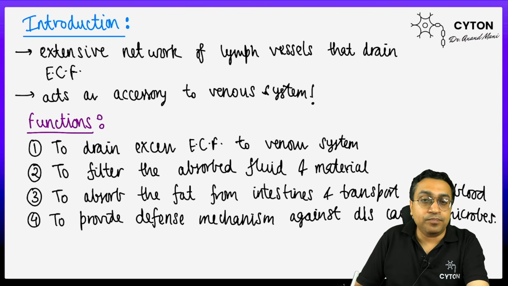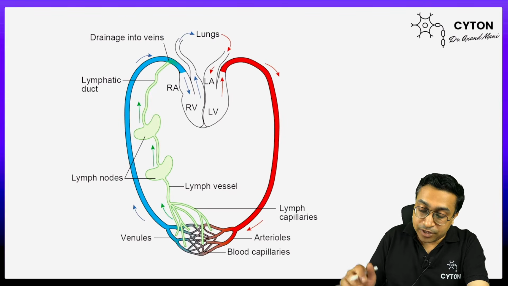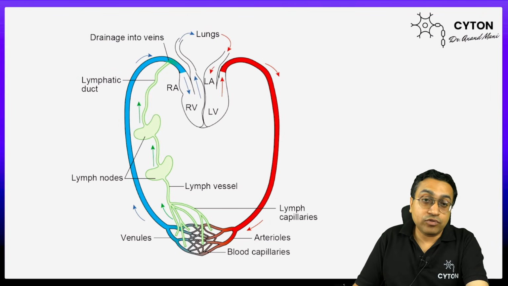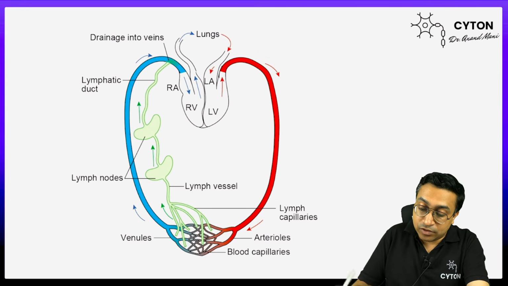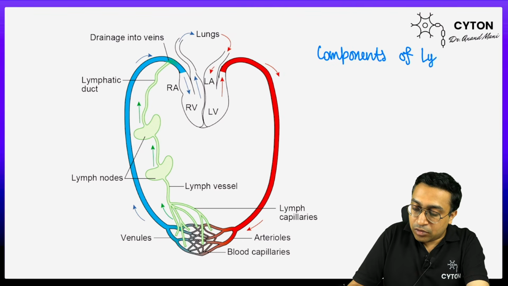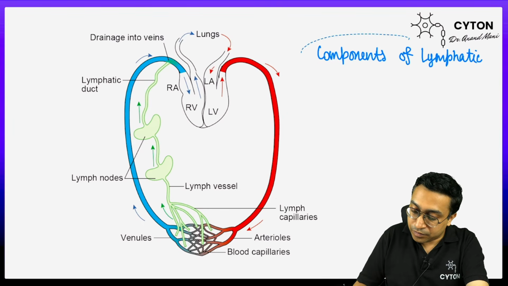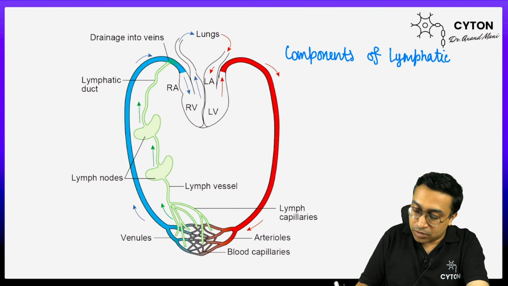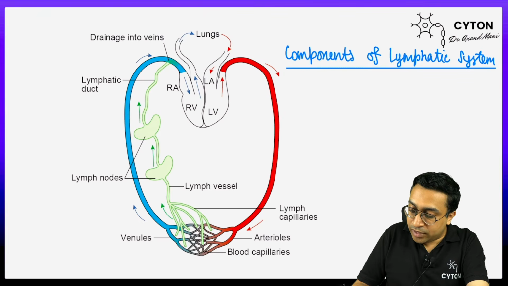So let us understand further what are the components of the lymphatic system, and as you know, this is one of the competencies also, so please pay attention. So components of the lymphatic system. Let us list them first.